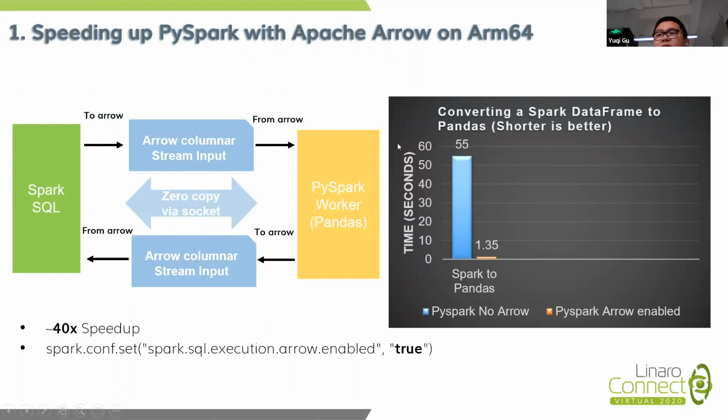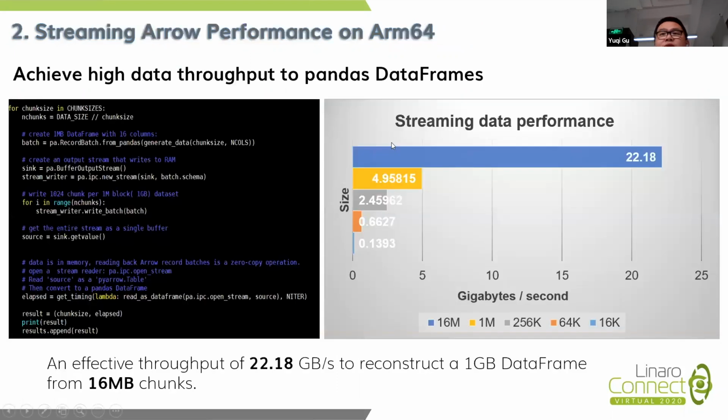The next demo is streaming Arrow performance on Arm64. In this demo, we will first generate an example data set.